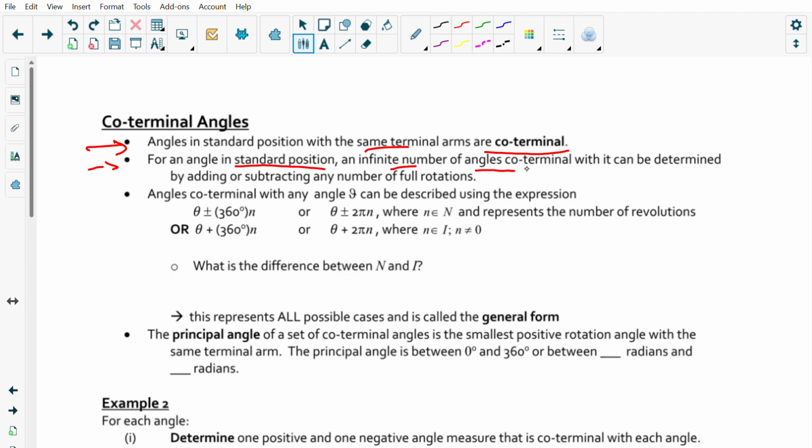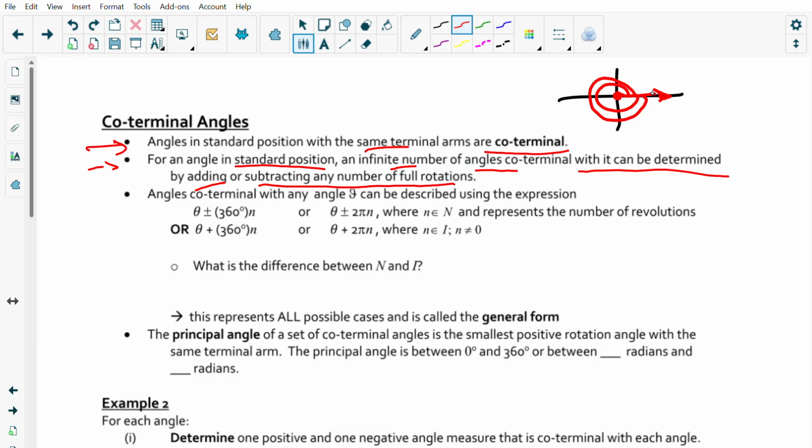For an angle in standard position, an infinite number of angles coterminal with it can be determined by adding or subtracting any number of full rotations. So if you think about it, if I draw my axes here and I start here, there's my initial arm. If I draw one rotation and I stop here, well, that's 360.